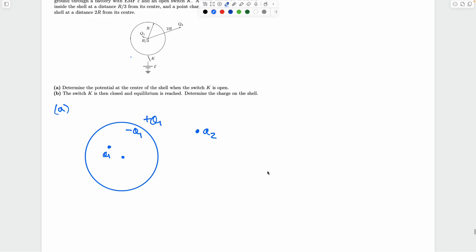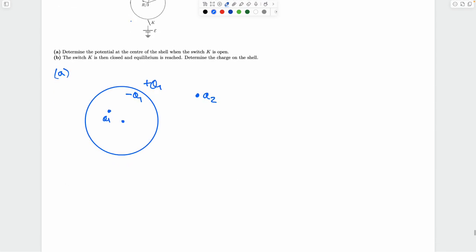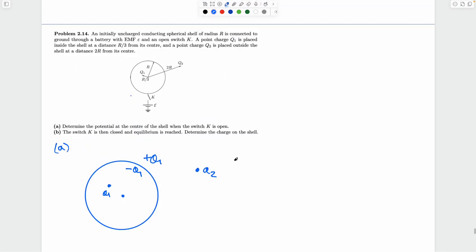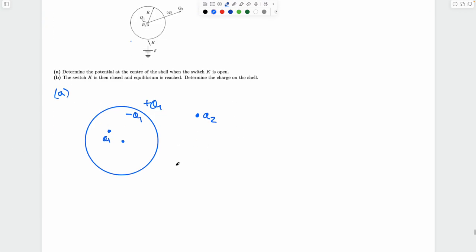Does that make sense? So actually, what you end up having is that the potential at the center is just KQ1 over R.